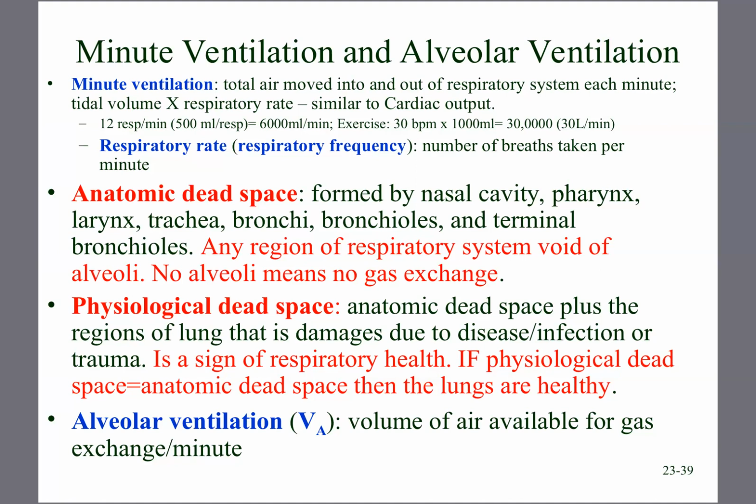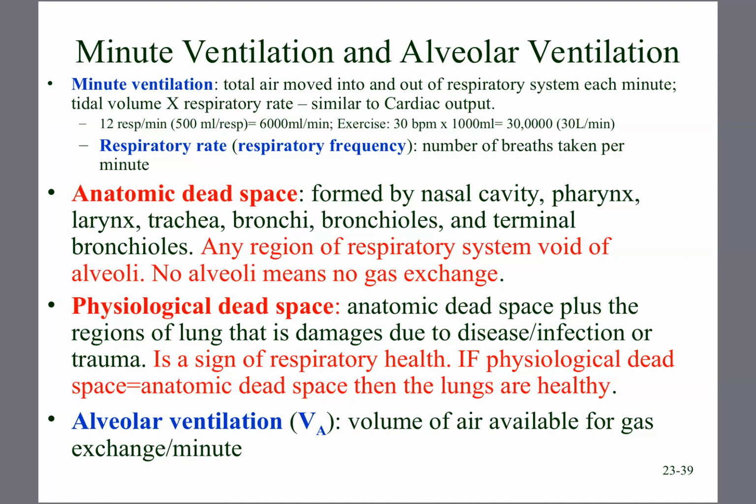Lung capacity is very different in people who are taller versus people who are shorter. Now, physiological dead space is a combination of your anatomic dead space plus any kind of diseases that person might have. Smoking, asthma, chronic bronchitis, these can all cause changes in your physiological dead space.